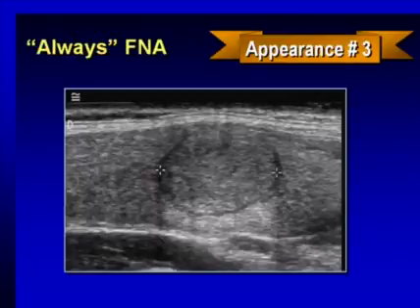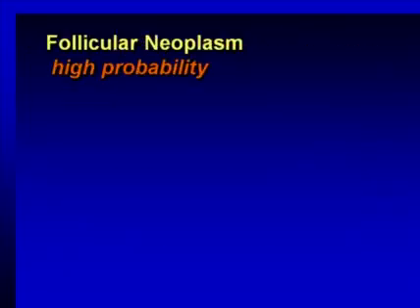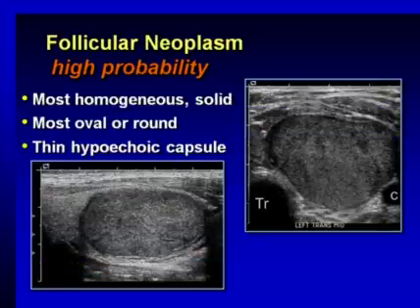A third type of appearance that comes to fine needle aspiration is the nodule that is solid in appearance, often more homogeneous, and surrounded by a thin peripheral halo. This is going to be follicular neoplasm with a high probability. Usually these are homogeneous and solid. Most of them are oval or round.